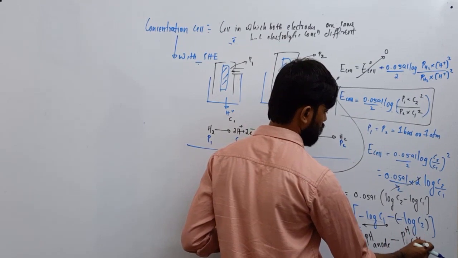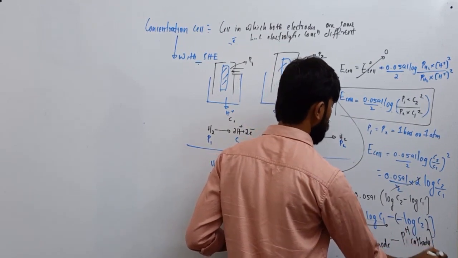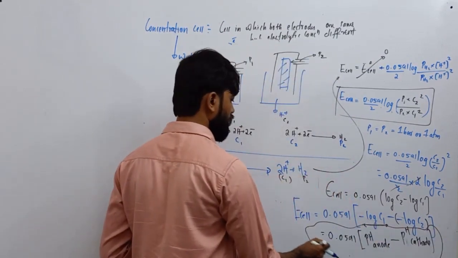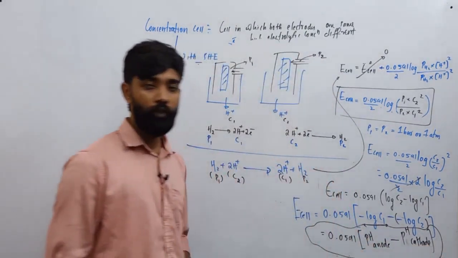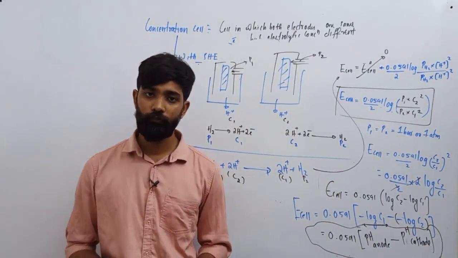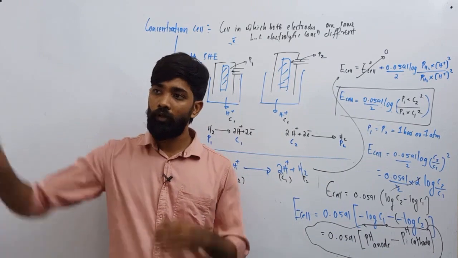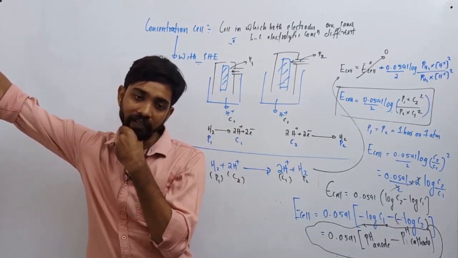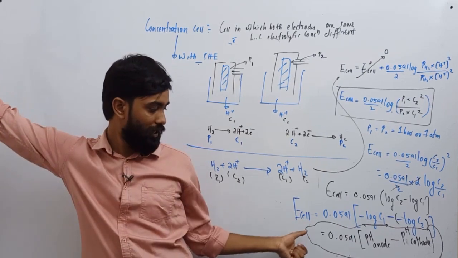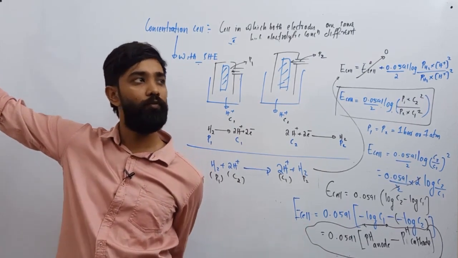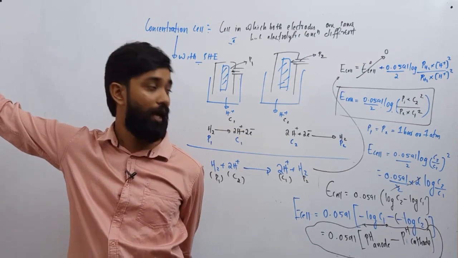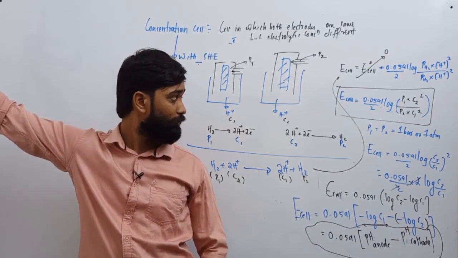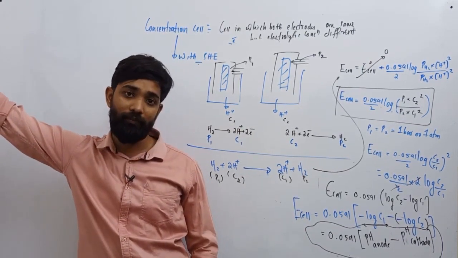Keep it in mind. In case of concentration cell, if the concentration cell is SHE, where the pressures are same in both cells, or the pressures are unity, then if the pH at anode and cathode is given, then the cell EMF will be 0.0591 of pH at anode minus pH at cathode. pH anode minus pH cathode.